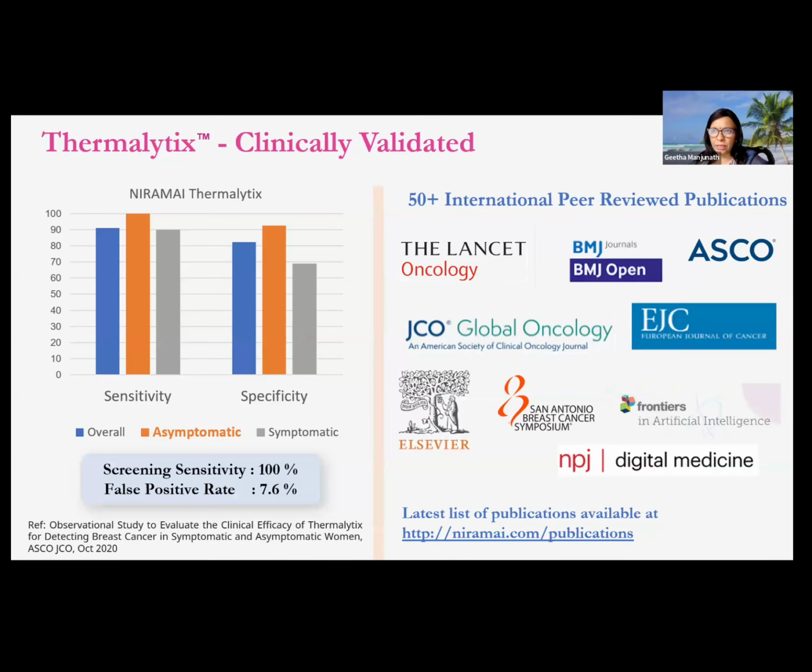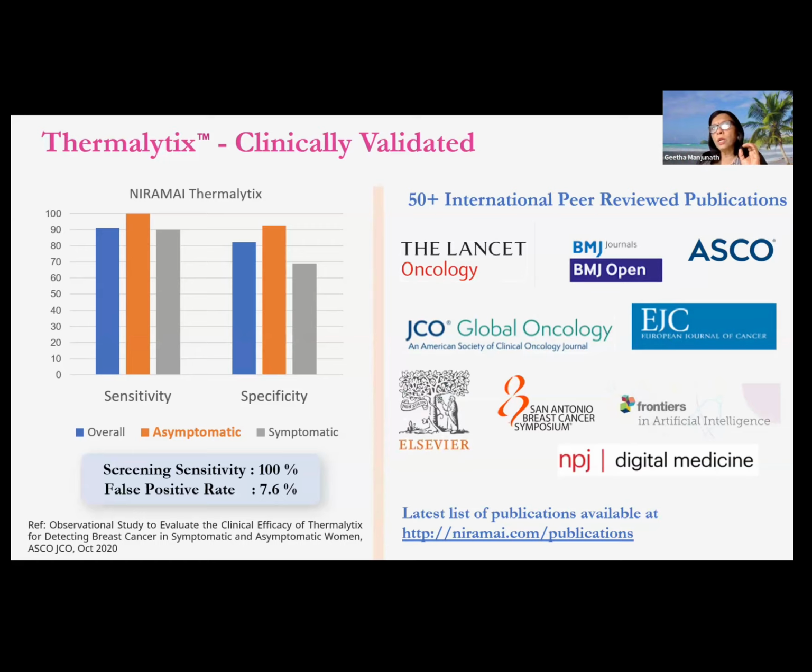Several clinical studies were performed where we did observational studies, head-to-head comparison. So whoever is going for a mammogram was first given Thermalytix, the output was taken, blinded, and the person goes for a mammogram. And if the person has dense tissue, I mentioned to you, mammo may not find it. So then she goes for an ultrasound also.